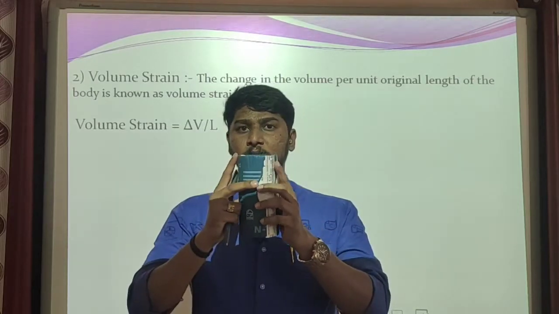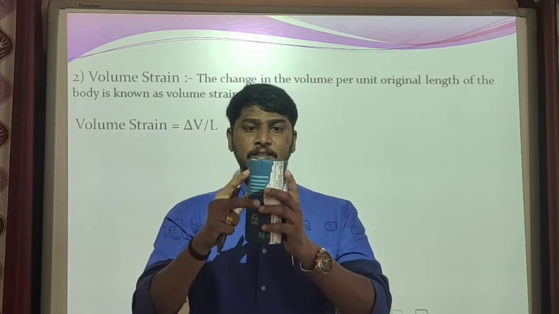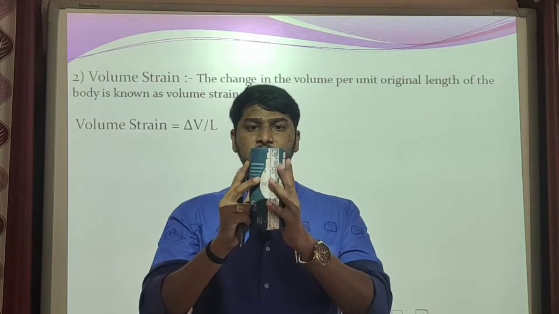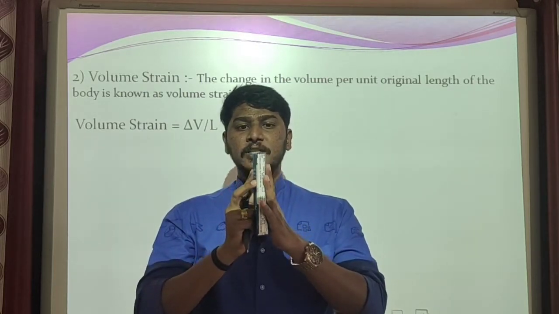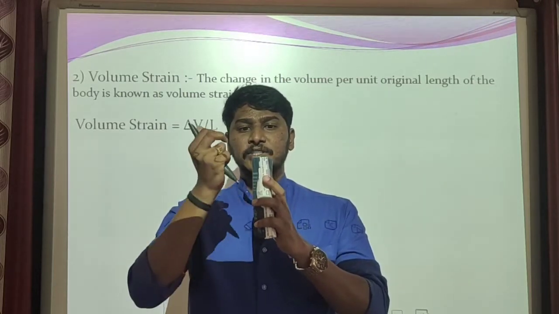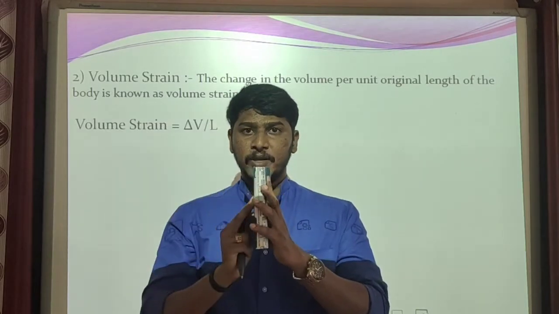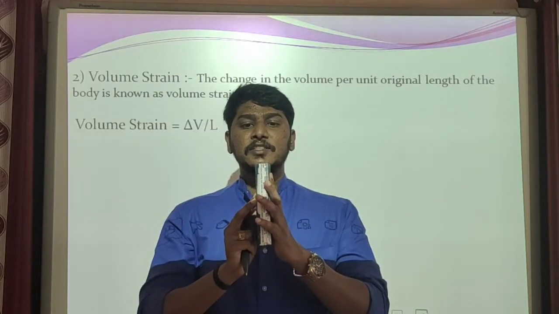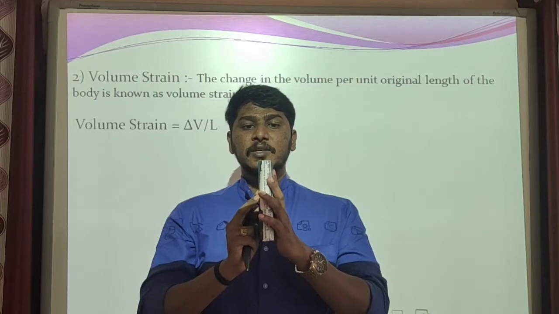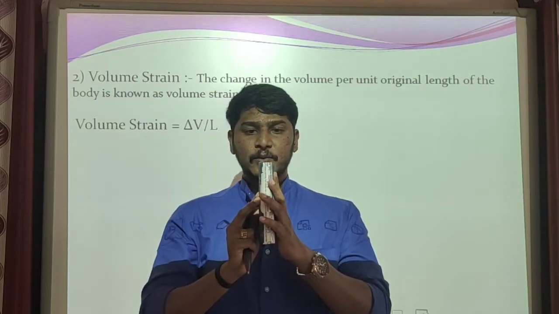Then I am going to apply force in all directions. After applying force, this body undergoes deformation, and after deformation its volume becomes V2. Then the change in volume is equal to V1 minus V2.